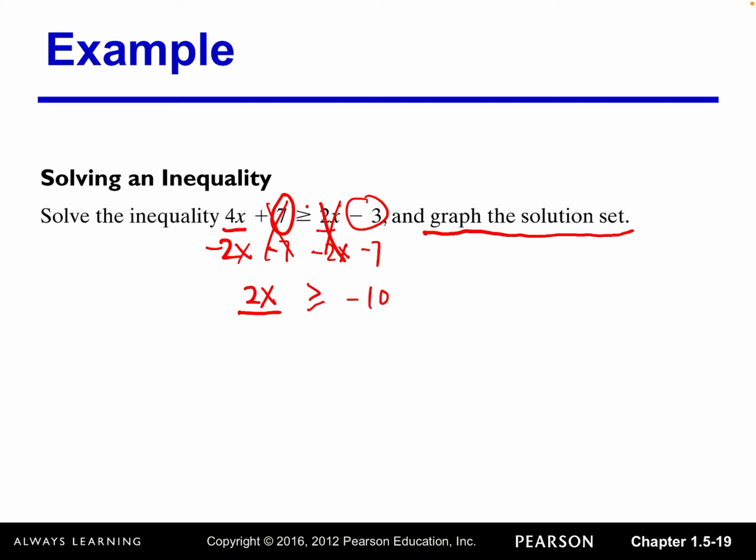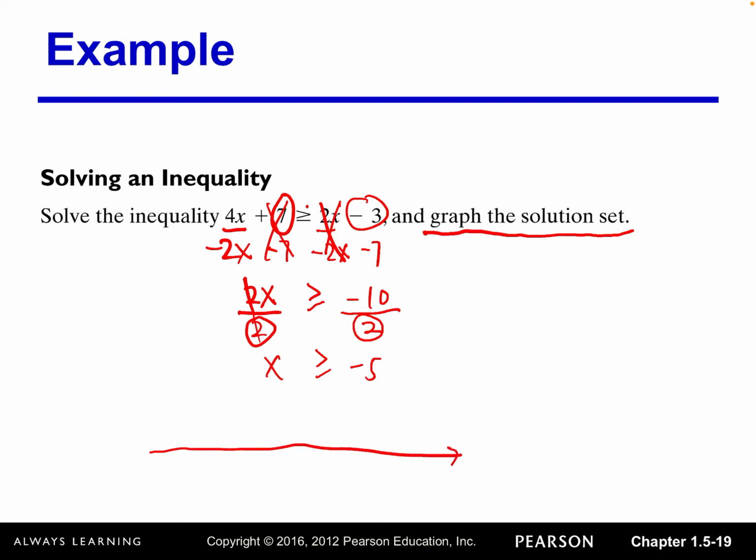Oh, we haven't finished yet, sorry. In order to clear the coefficient, we divide both sides by 2. Simplify: the left-hand side is x, the right-hand side is negative 5. Now should the symbol stay the same or flip? We divided by a positive number, so the symbol should stay the same.